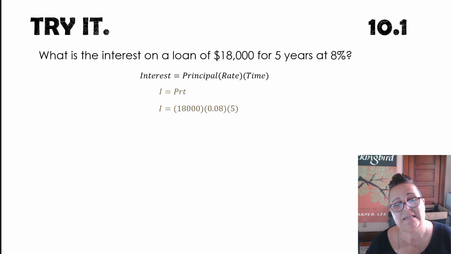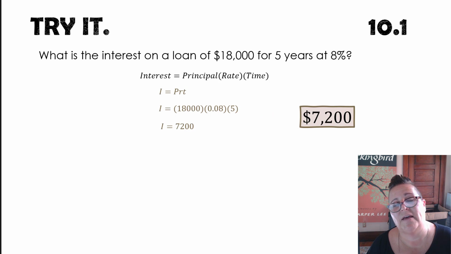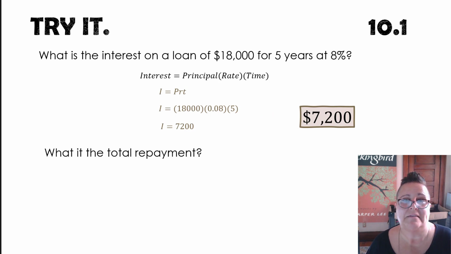So this will be 18,000 times 0.08 times 5. Principal times rate times time. If I multiply this out, I get 7,200, meaning the interest on this particular loan is $7,200. Now, the total repayment.